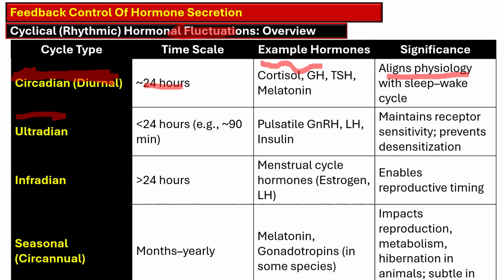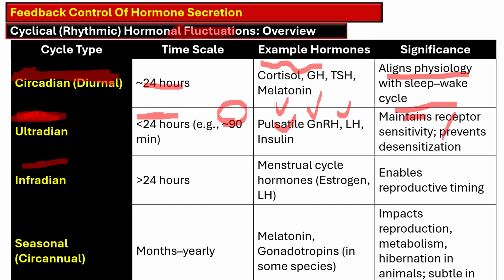Then there is the ultradian cycle type that involves a time scale of less than 24 hours, approximately 90 minutes. There is pulsatile secretion of gonadotropin releasing hormone, luteinizing hormone, and insulin, and it maintains receptor sensitivity and prevents desensitization.